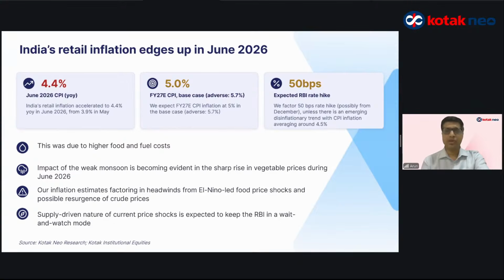So this year we are looking at a 5% CPI inflation number, and this could actually move to maybe 5.7% if the situation becomes adverse. But at this point in time, we are factoring in the headwinds from the El Nino led price increases, and also any possible resurgence in the crude prices. But if the impact is beyond what we are estimating, then the inflation could actually move towards maybe 5.7%.